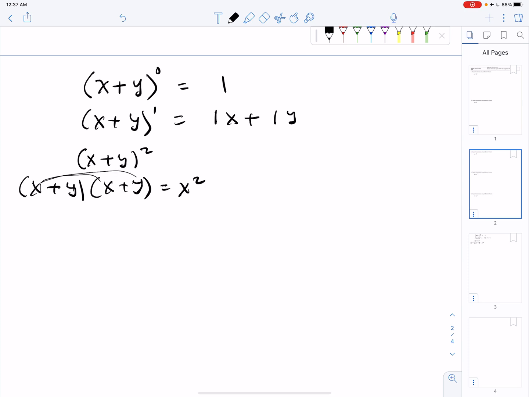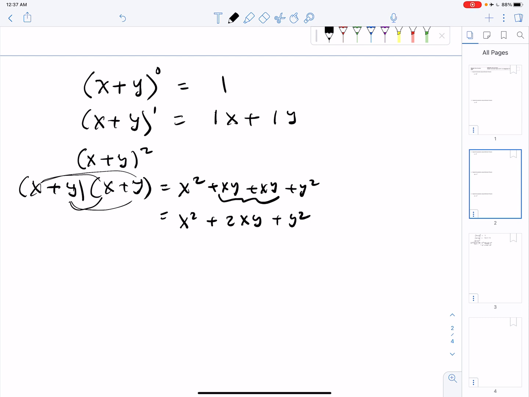And x times y is xy. And y times x is xy. And y times y is y squared. And when we combine the like terms here, we get x squared plus 2xy plus y squared.